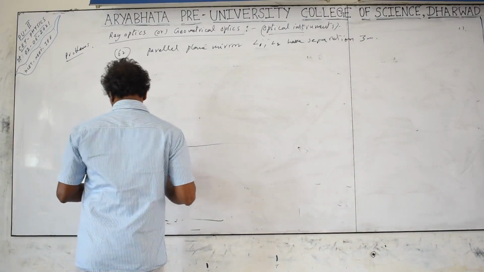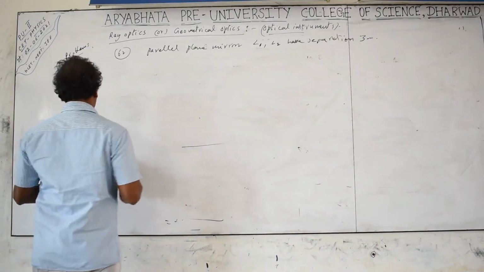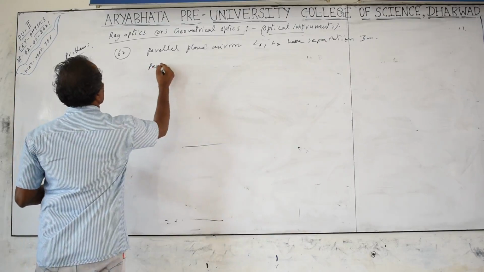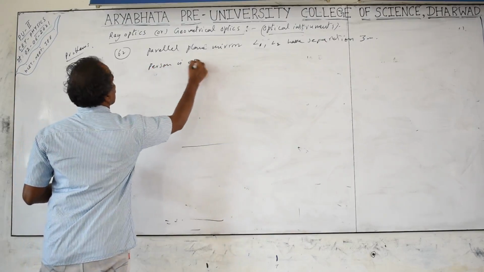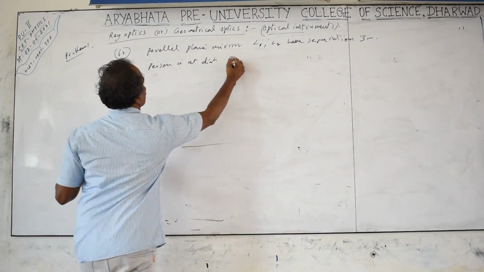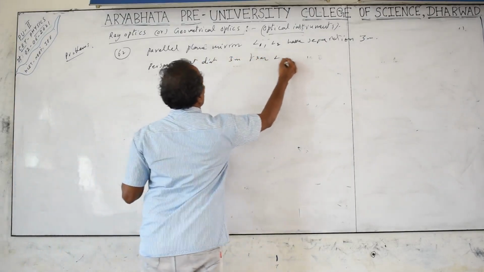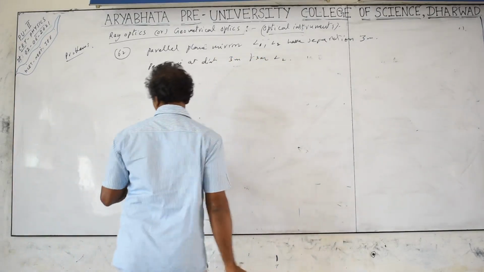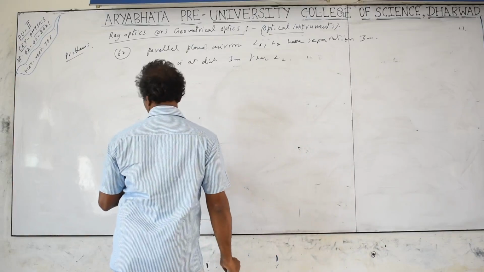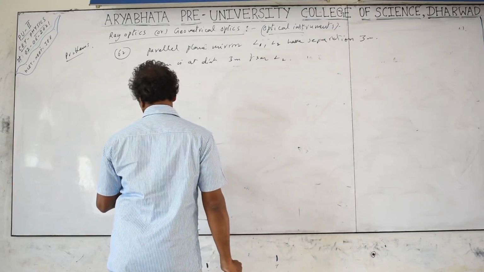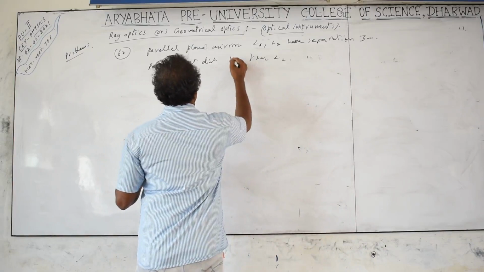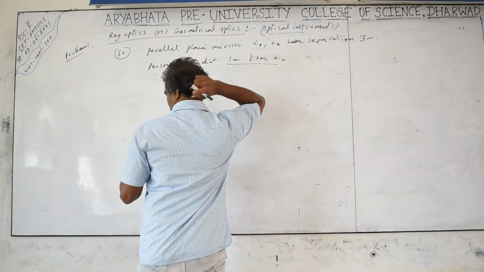A person is standing 1 meter from the right mirror. The figure is given for you. Sorry, 1 meter from L2.